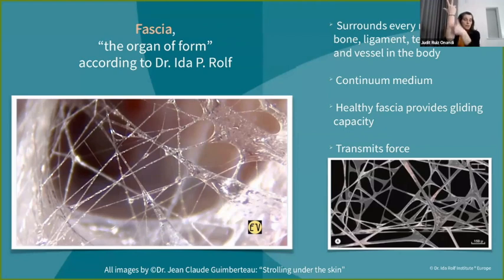Those muscles need to have some gliding capacity in order to function properly, and fascia provides this gliding capacity. It also transmits force. As I said with the orange, when I move a segment, other segments are also going to be moved by it.